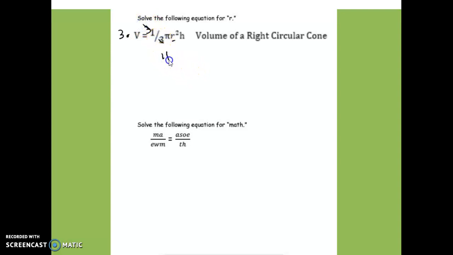So I have pi times r squared times the height equals 3 times the volume. Now again, this is all a multiplication problem, so if I want to get rid of pi, I would divide it.